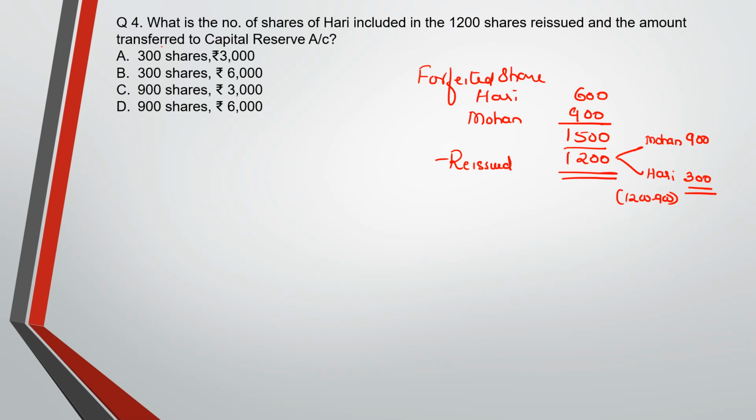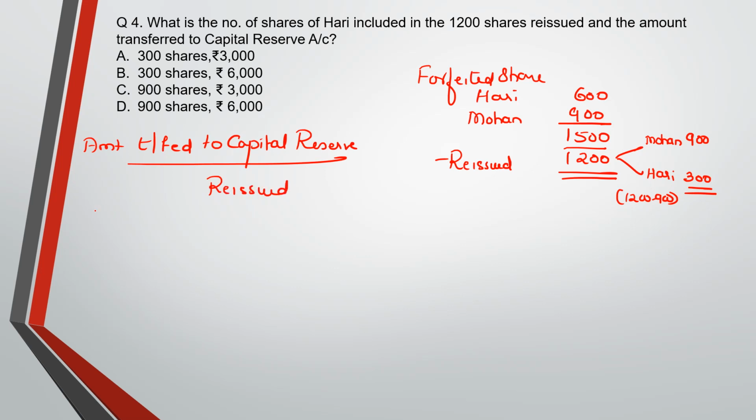Next, there is an amount transferred to capital reserve. Now what would be the amount transferred to capital reserve? We have to calculate. Now we know the total number of shares forfeited. We know the reissue is 1,200. Now we have to find out the amount. Now to calculate the amount which is transferred to capital reserve, see, we know that it is reissued like this.